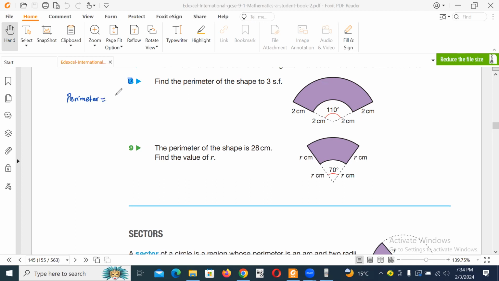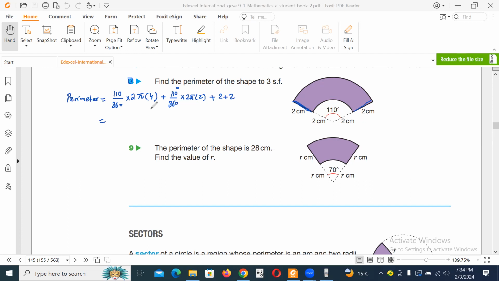Perimeter equals, for arc length, the angle is given, which is 110 over 360 multiplied by 2 pi r. So for the bigger arc length, we have radius 4, and the same formula will work for the smaller or minor arc length, which has the radius 2, and then you have to add these lengths as well, which are 2 plus 2, 2 plus 2.